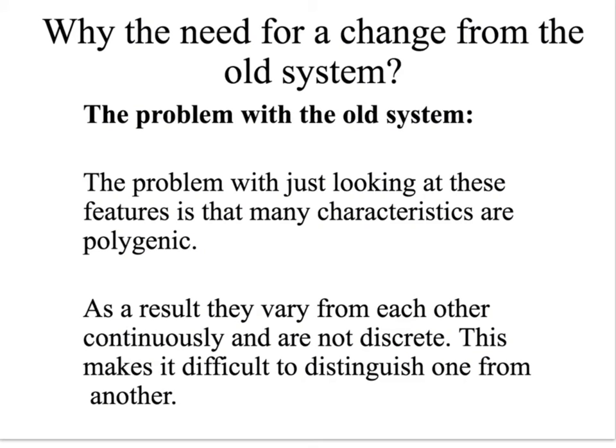Now, there's a problem with looking at observable characteristics, and it comes from the fact that many characteristics are what we call polygenic. Polygenic means that the characteristic is coded for by more than one gene. As a result of that, the characteristic itself tends to vary continuously.